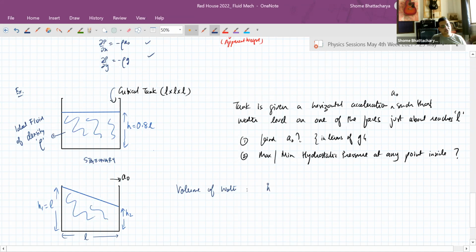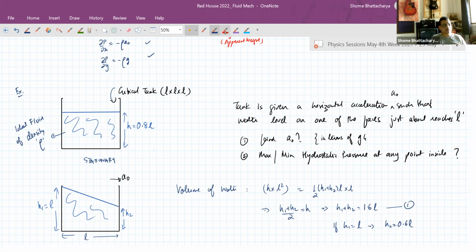Which is, in the first diagram, H into L square. In the second diagram, it should be the area of this surface into L, which is the depth. So that is half of H1 plus H2 into L, multiplied by L. Okay. So we have H1 plus H2 by 2 equal to H. So here, if H1 is equal to L, that means H2 has to be 0.6 L. Okay.